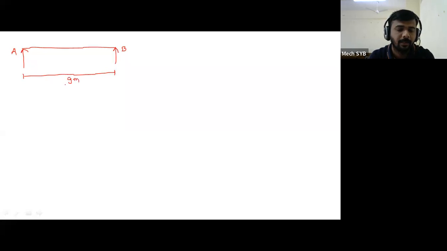Okay, so at the left side point A is present. From the left side the beam is subjected to the UDL. So I will represent this UDL up to this point. And what is this point? Point C. So what is the distance between point A and C? 6 meter.